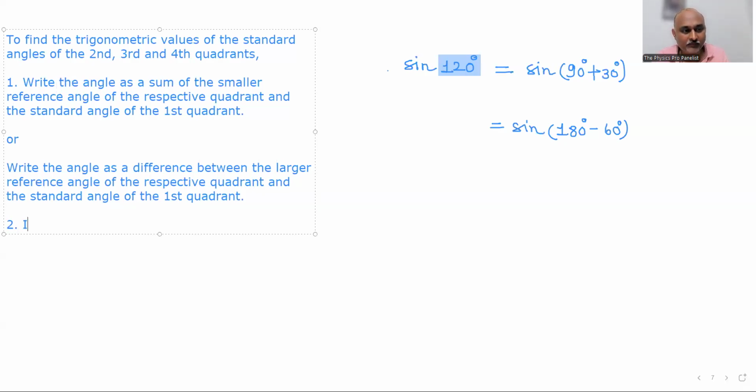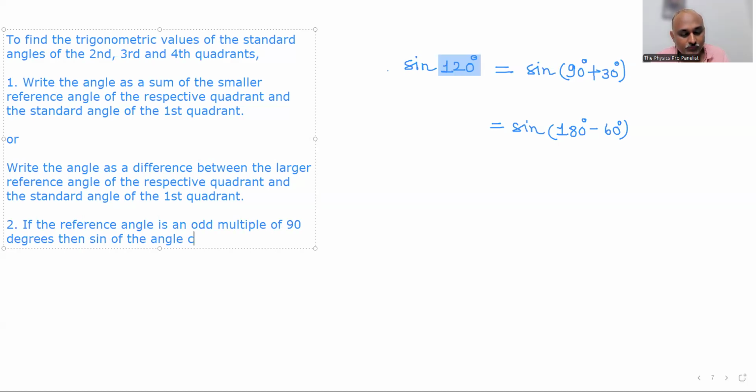Second step is if the reference angle is an odd multiple of 90 degrees, then sine of the angle converts to cos of the standard angle, right?